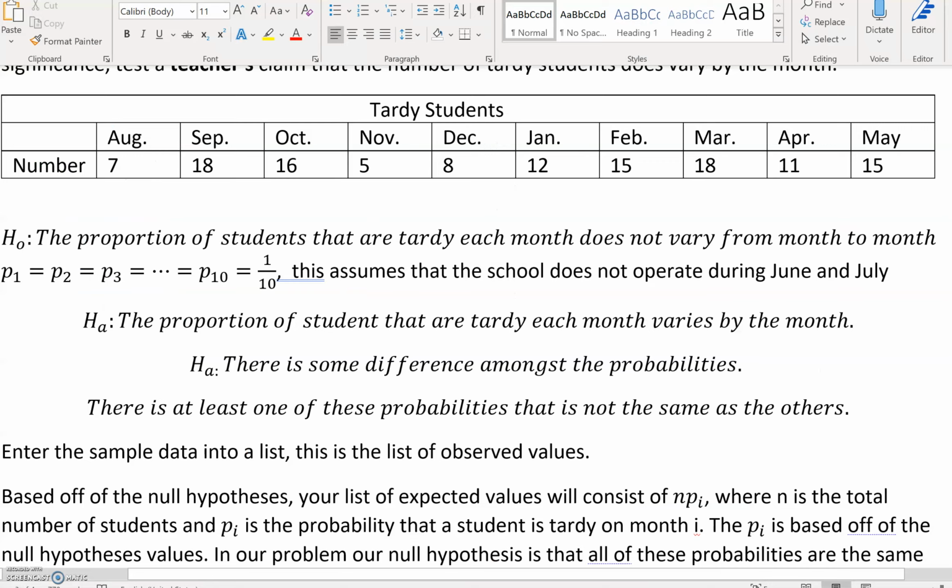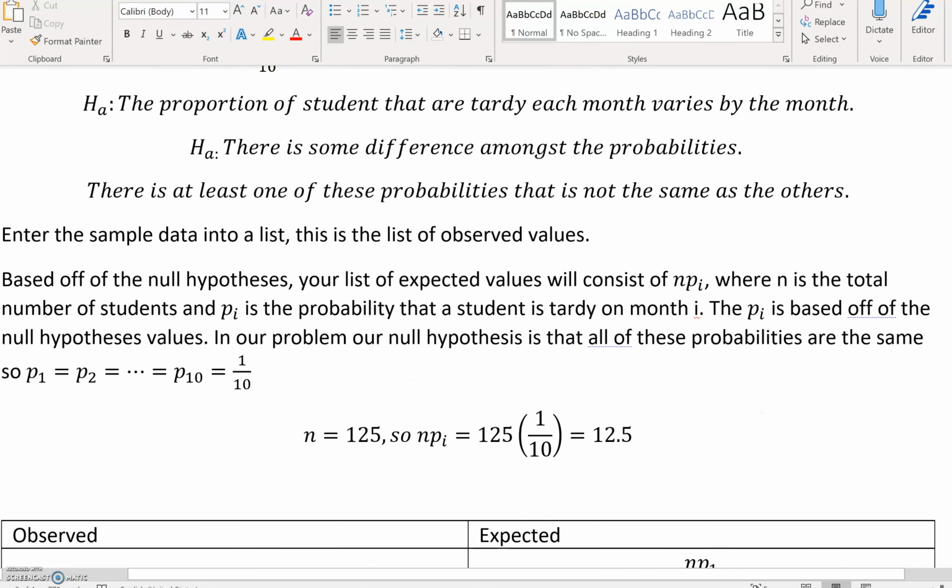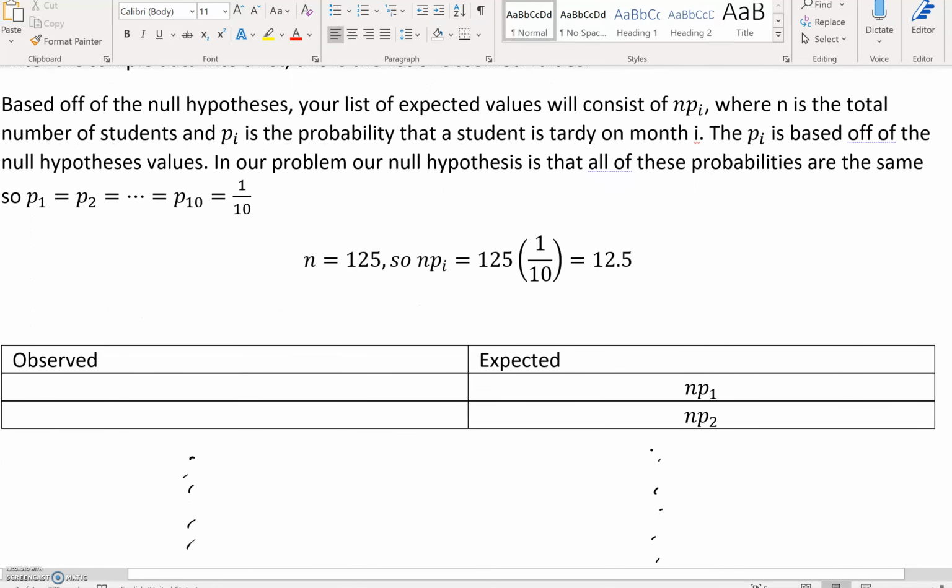What's next? The next thing that you need to do is enter in a second list, which consists of the expected values. This list of expected values is based off of the null hypothesis. For our particular problem, the probability of any individual outcome is the same. It's 1 out of 10. So your expected values will be the sample size.